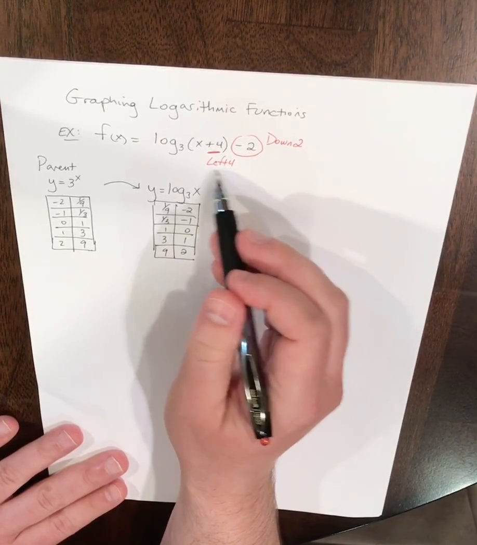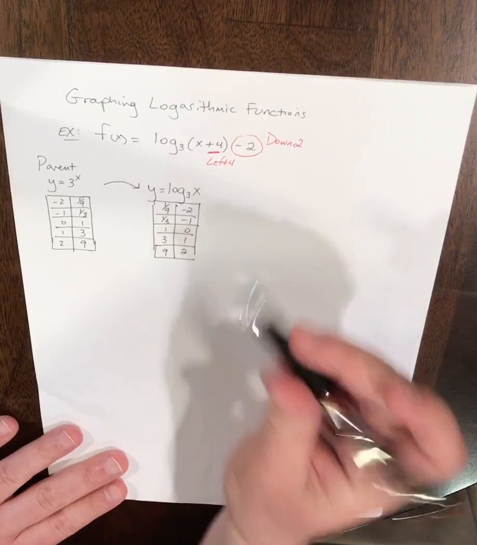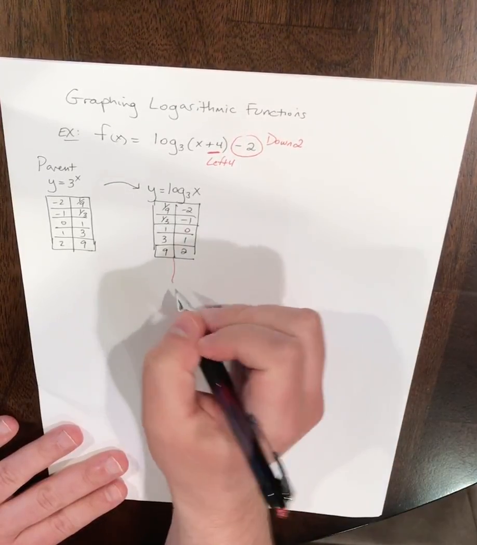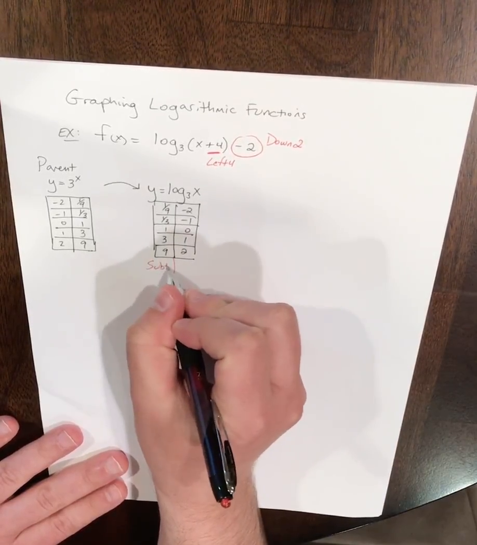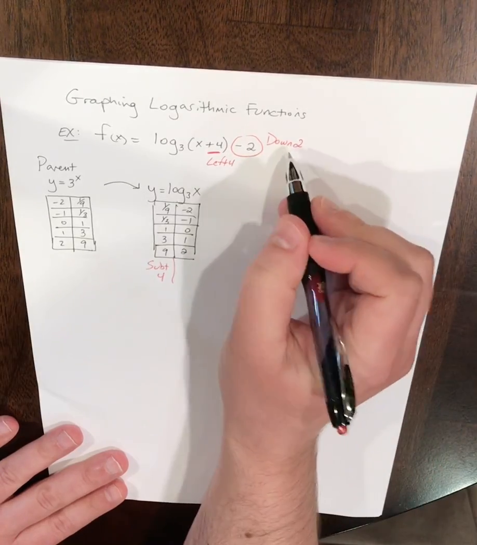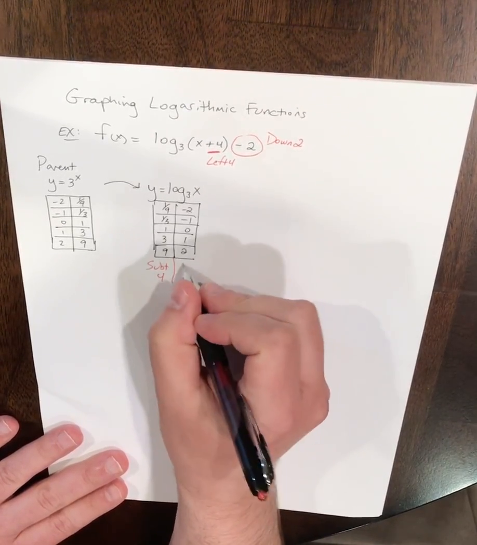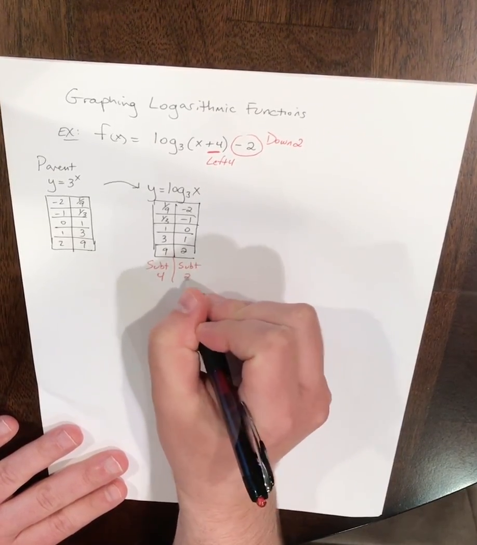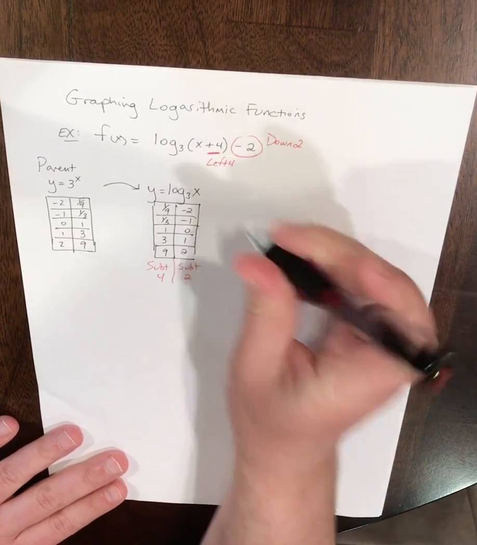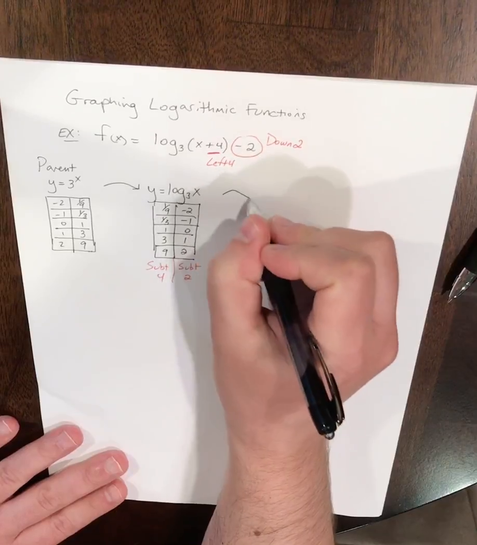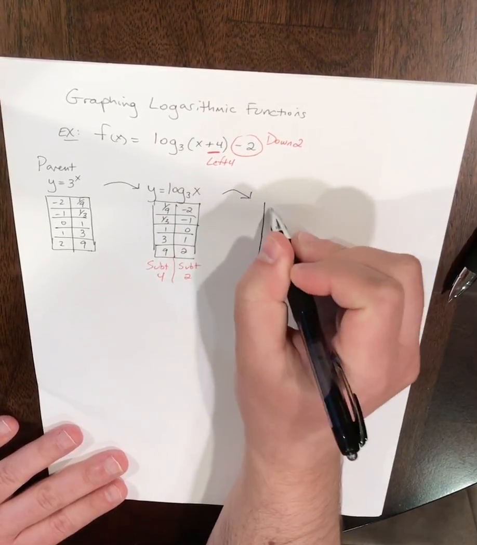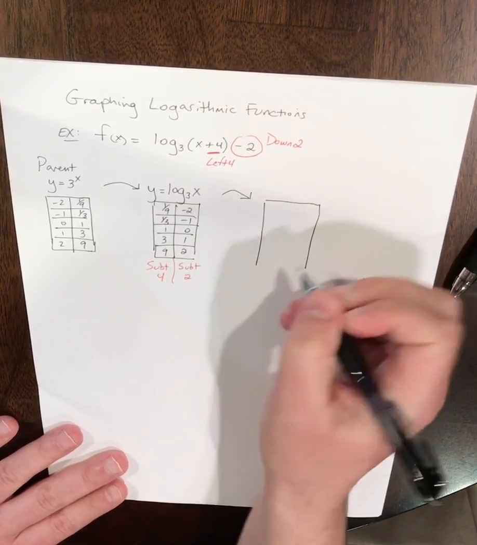The left action corresponds with the x column, so going left 4 would be subtracting 4. And then moving down 2 for the y column would be subtracting 2 there. Right? And now this will give us our final table, and this final table is the one that we're going to graph.